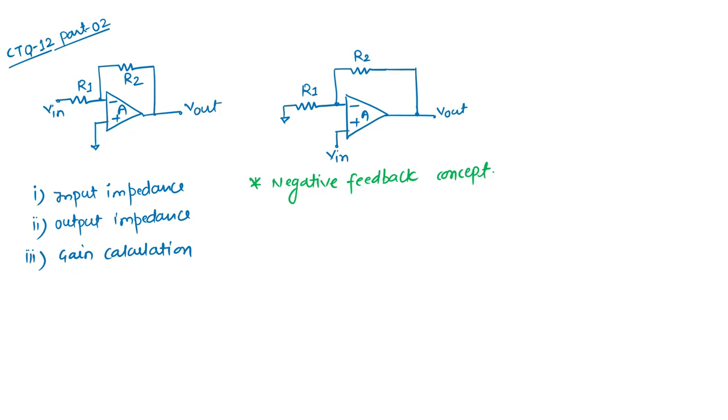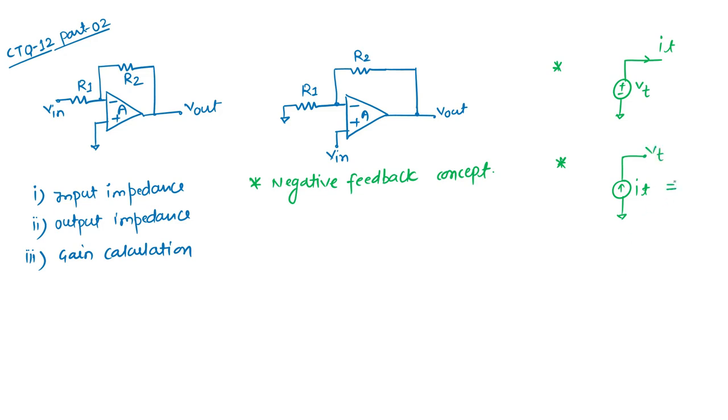Okay, so when we talk about any impedance, what we in general do is simply apply a test voltage or test current source at that node and find the impedance. We either use a VT source, means test source, and compute the current, so Vt by It will give me the impedance. Or the other way, directly apply a test current, which we call It, and observe the Vt at this node.